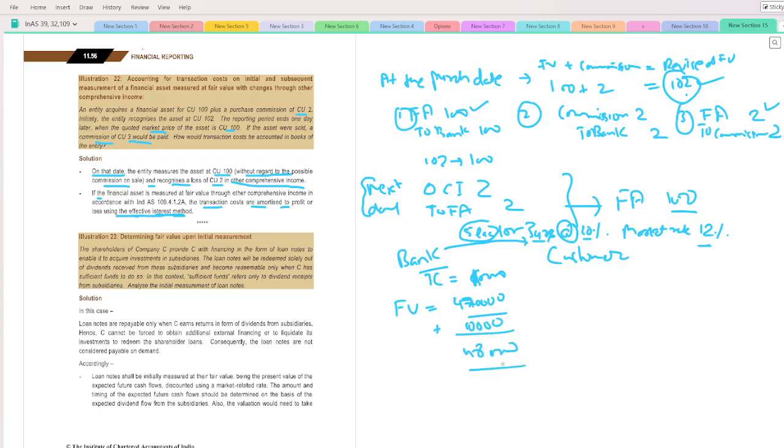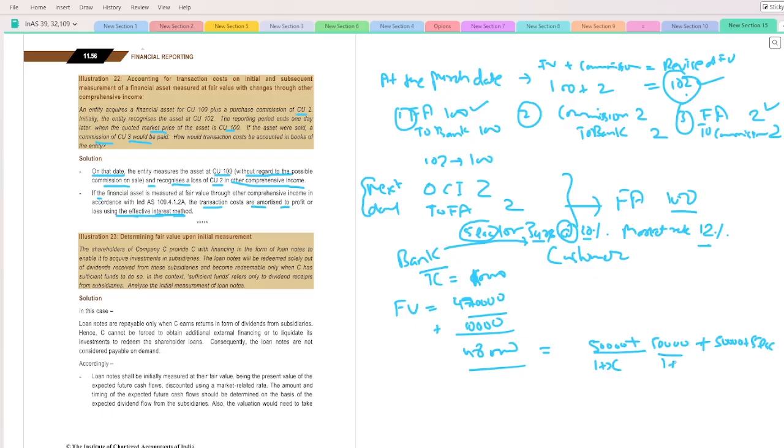Now again you will be calculating the effective interest rate here, because this 4 lakh 80,000 is equal to your 50,000 plus 50,000 plus 50,000 plus 5 lakh. So this you will be discounting.